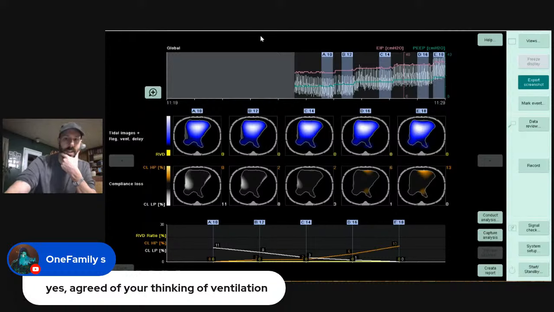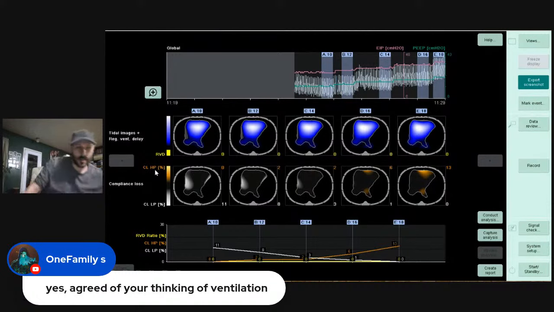And then we test various PEEPs. So PEEP of 10, PEEP of 12, PEEP of 14, PEEP of 16, PEEP of 18. So we look at PEEP of 10 over here, 12, 14, 16, 18. Over here, compliance loss with lower PEEPs, compliance loss with higher PEEPs.